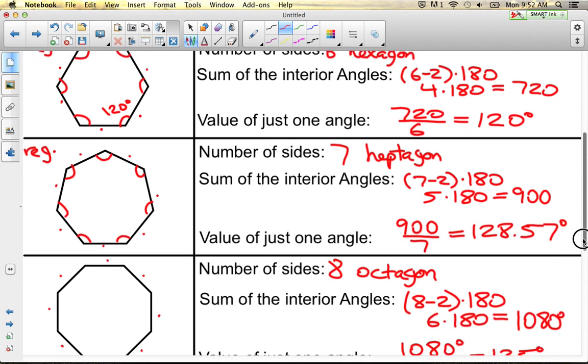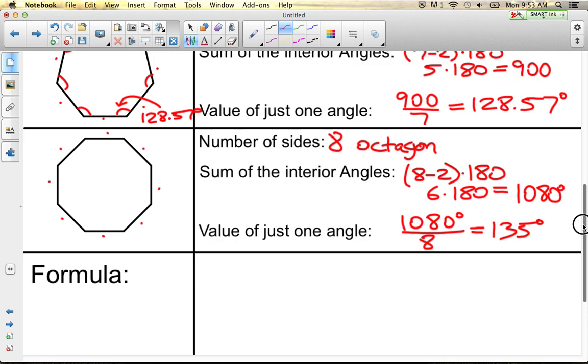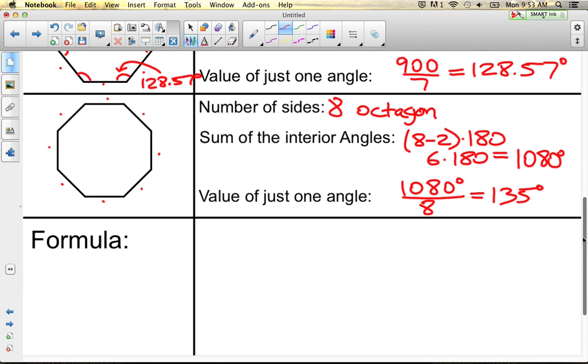For our regular heptagon, each angle inside was 128.57 degrees. And I'm going to write it out here and just draw an arrow on the inside so you know that's where it goes. For our regular octagon, each inside angle is 135 degrees.